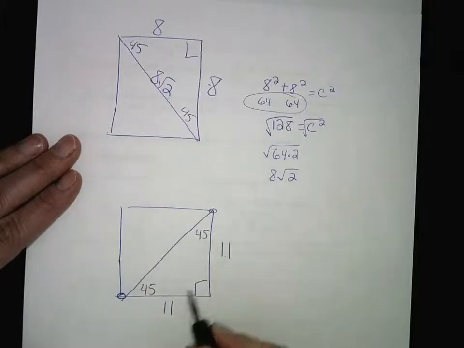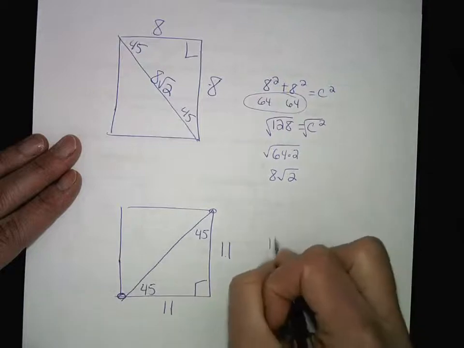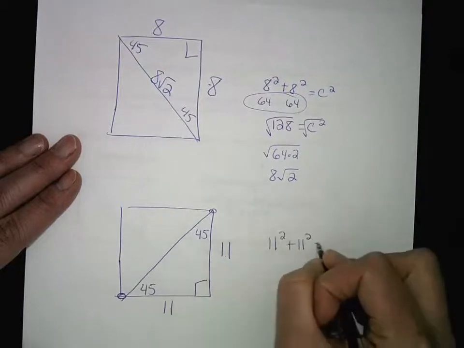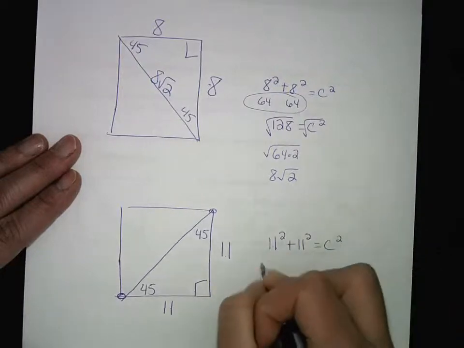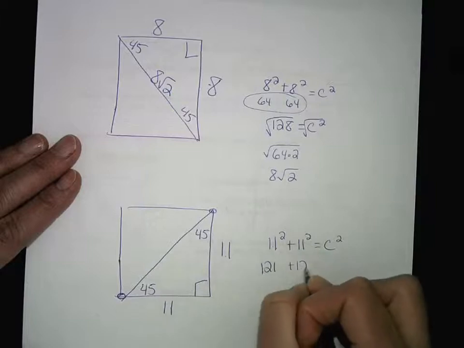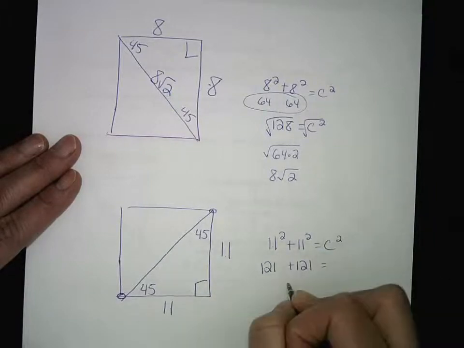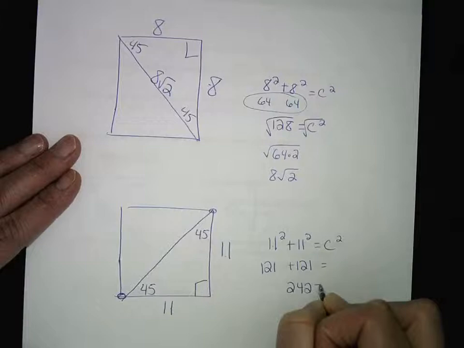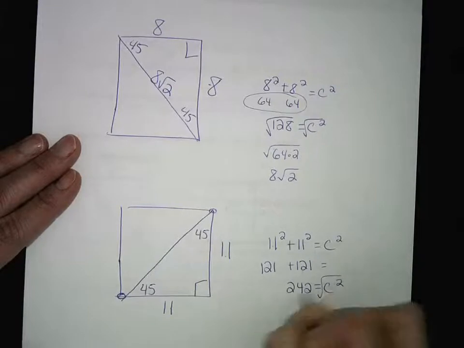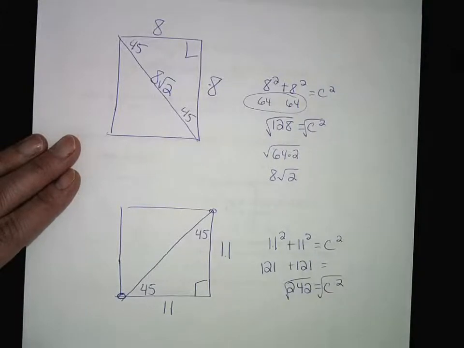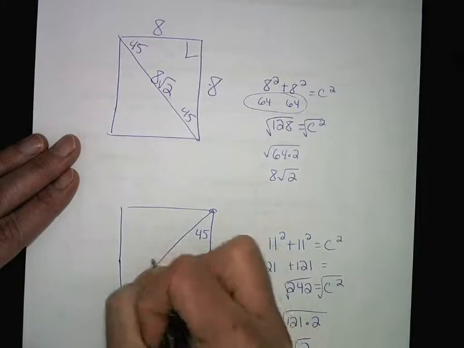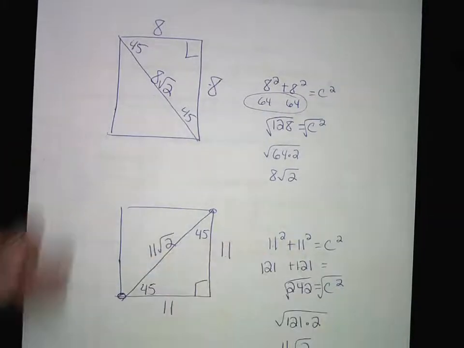So I'd have 11 squared plus 11 squared, which is 121 plus 121, which is 242. Again, take the square root. I like the multiple method again, so I think of this as 121 times 2, which is 11 square roots of 2.